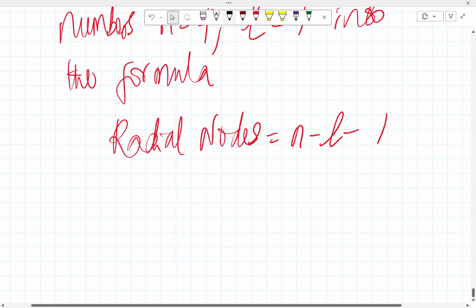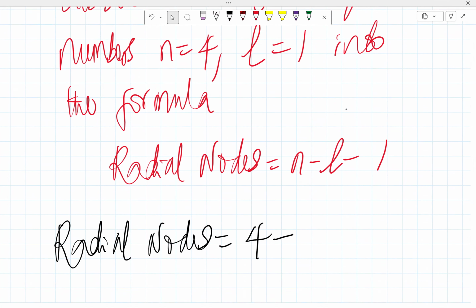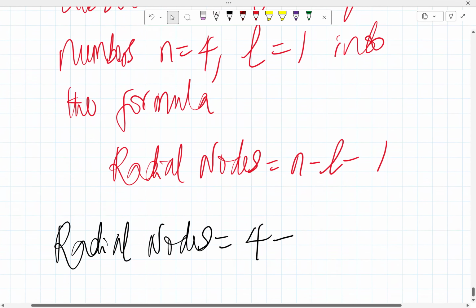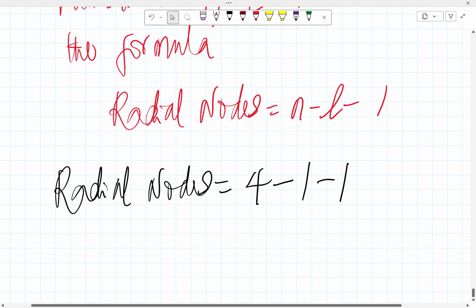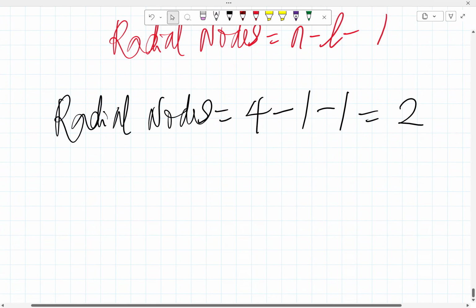So then it means that radial nodes will just be, n is 4, L is 1, minus 1 again. And that is simply 2. So we have 2 radial nodes.